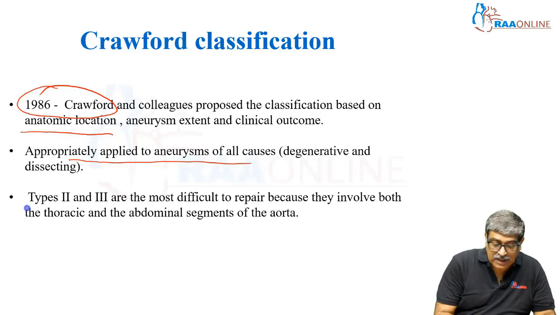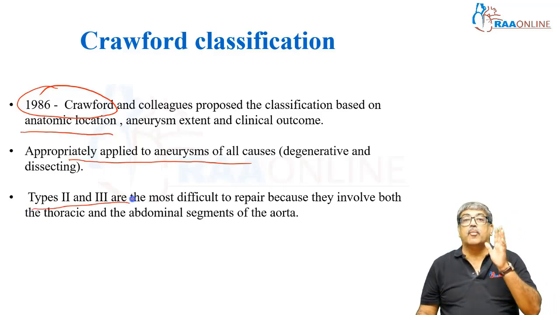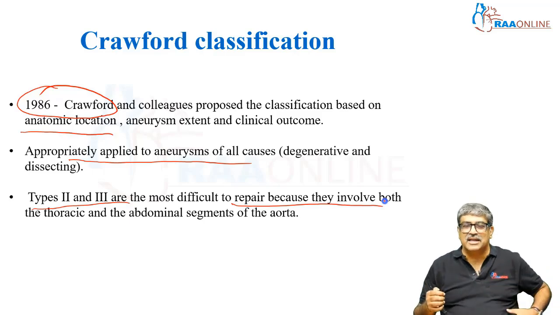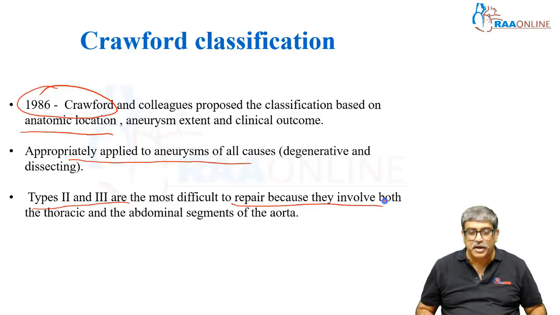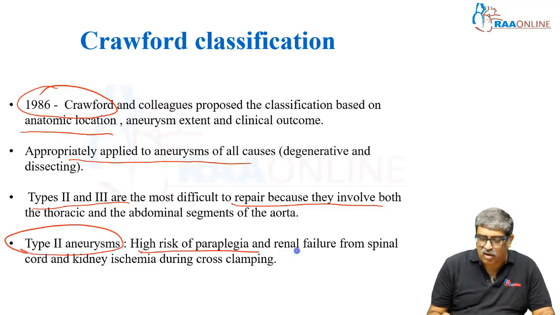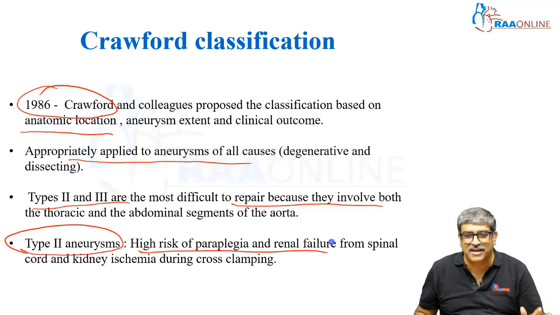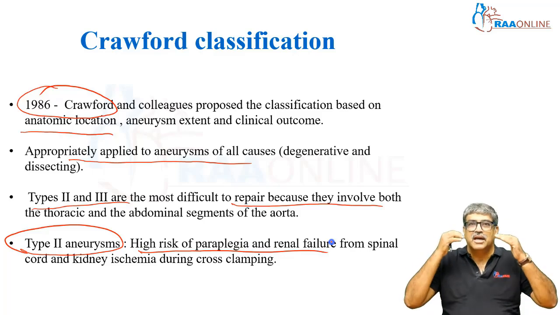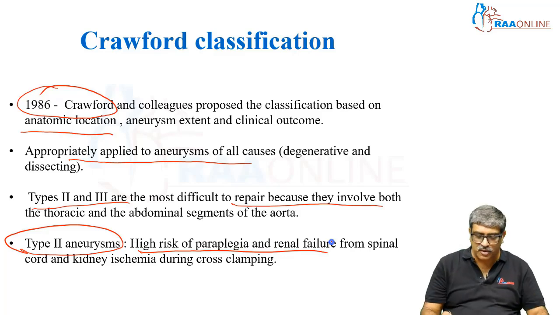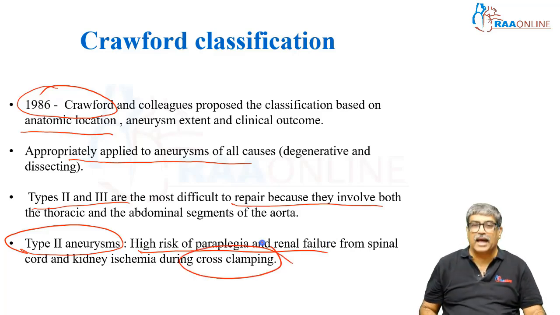Type 2 and type 3 are the most difficult to repair because here the thorax as well as the abdomen is involved. Type 2 aneurysm have a high risk of paraplegia and renal failure because here spinal cord ischemia and renal ischemia is common during cross clamping.